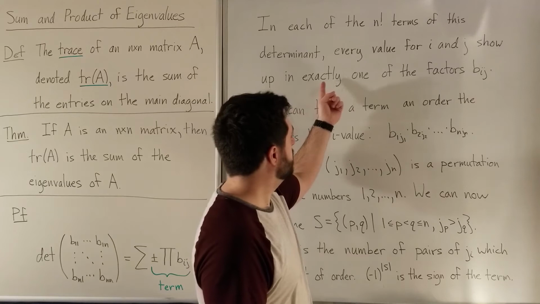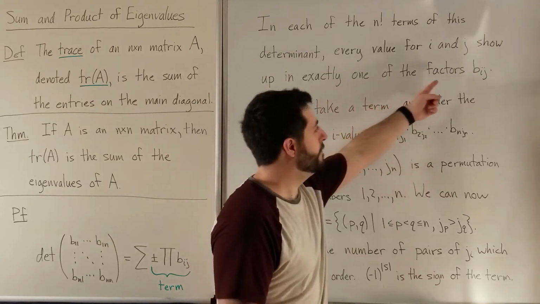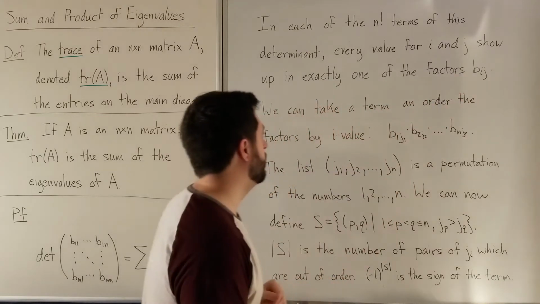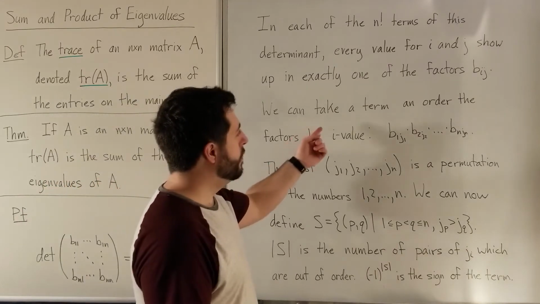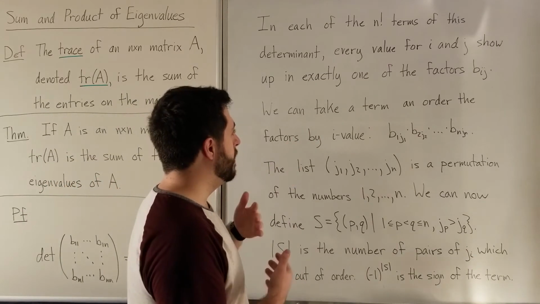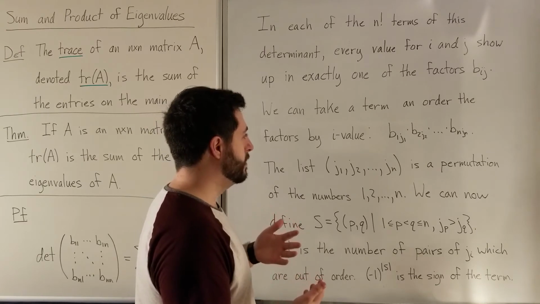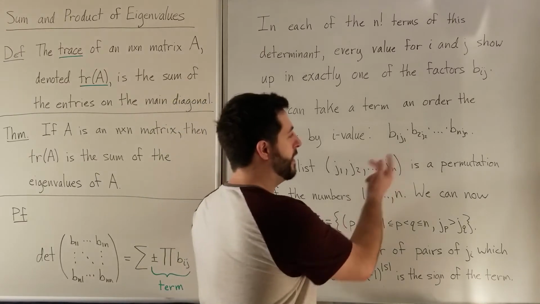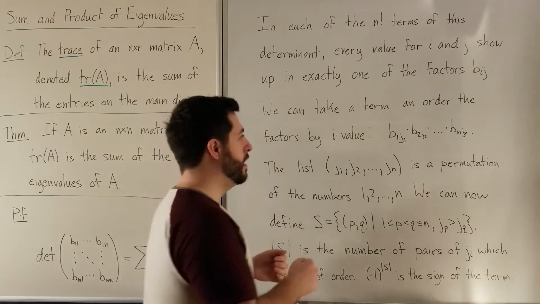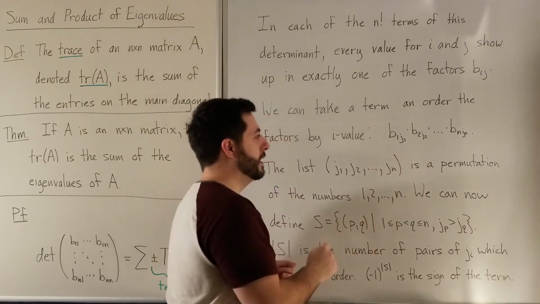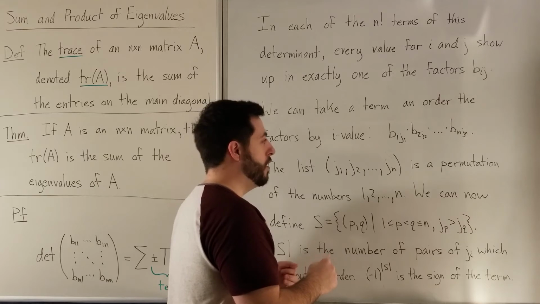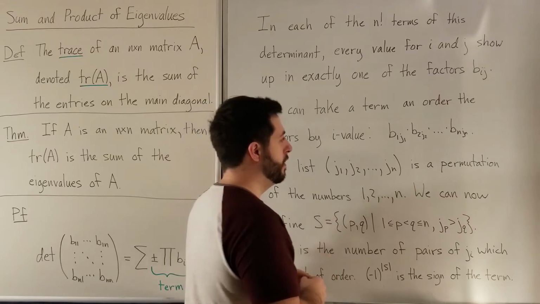So each of the i's and j's appears in exactly one of the factors b_ij of the term. We can take a term and order the factors. We can always rearrange the factors because multiplication is commutative, and we're going to order them by their first index, in other words, by the row that they came from.